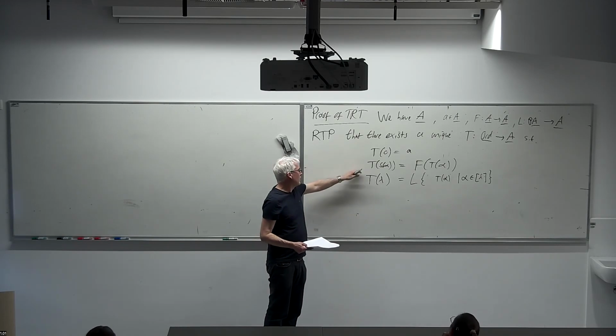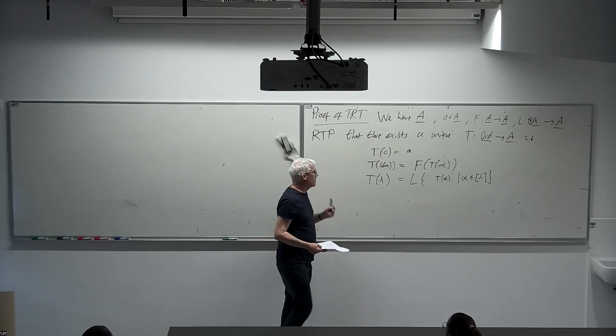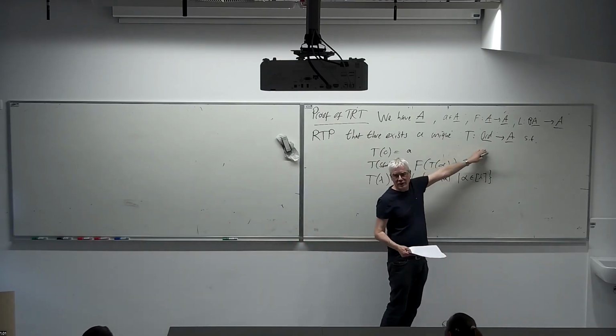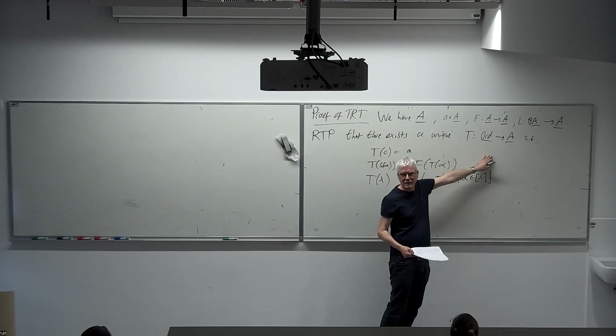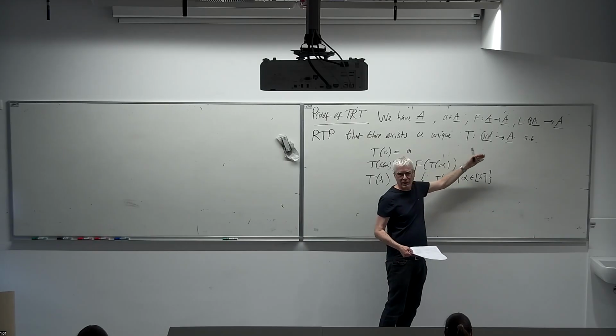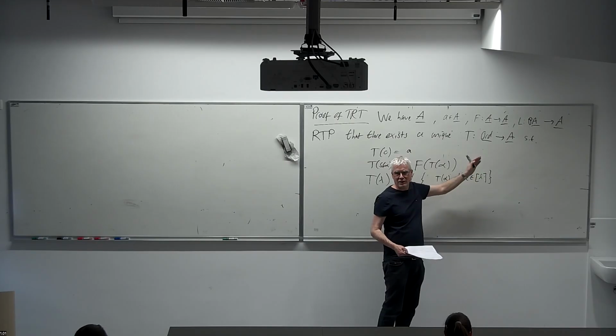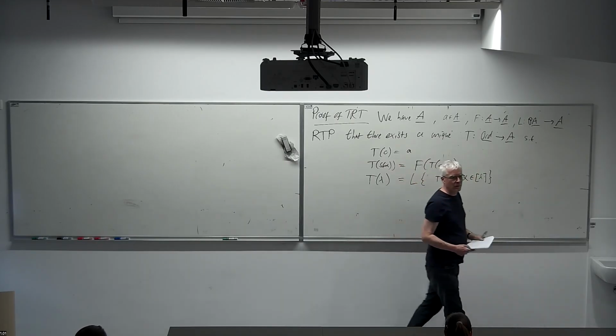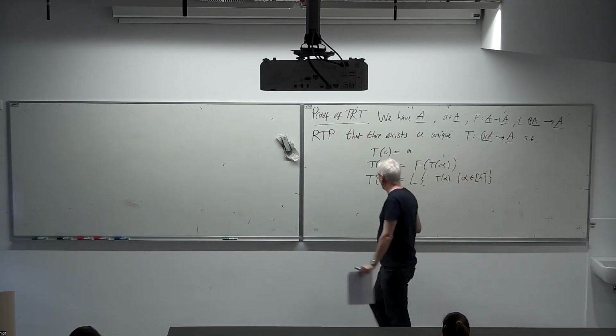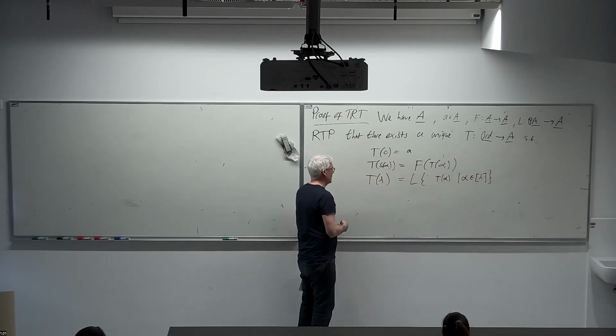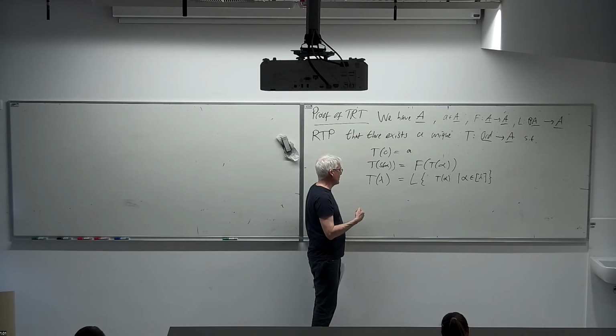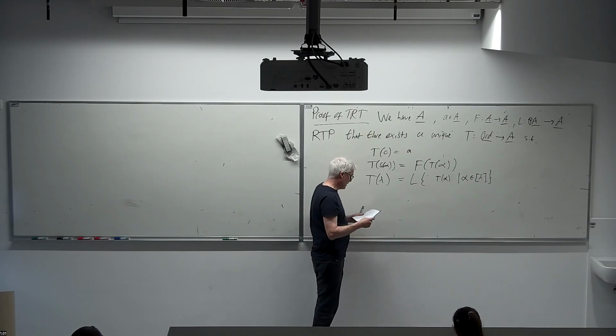And we'll prove that for every ordinal alpha, there is an approximation to T defined on the ordinals below alpha. Then we have such approximations for the ordinals below every alpha, and it'll be a fact that they all agree with each other, and so when we want to find T of an alpha, we take the approximating T for alpha plus 1 and use that to get the result of T of alpha.